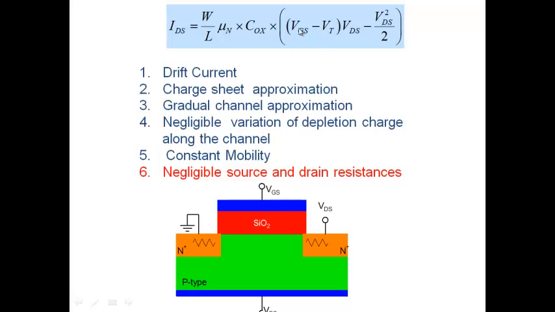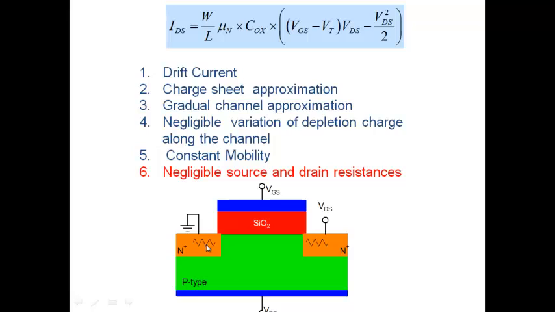Similarly, when you talk about VGS, the voltage between here and here, the entire voltage doesn't appear across the gate here. Some voltage gets dropped across the source here. So when I'm writing an equation like this, I'm implicitly assuming that the drops here and here are negligible, which means that the source and drain resistance are negligible, right? So when you're doing processing, a lot of effort goes into keeping these resistances small.